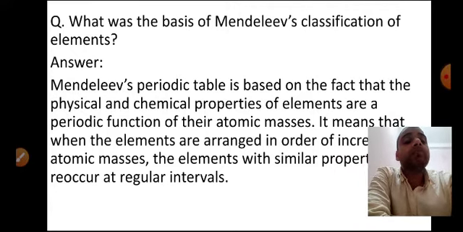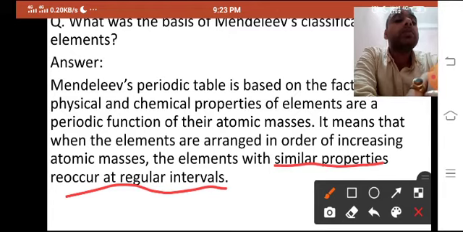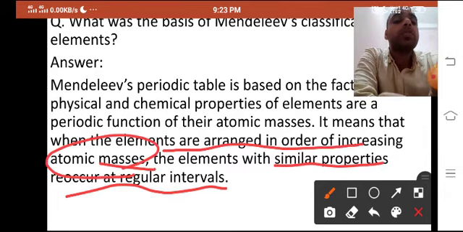Whenever we arrange the elements in the order of increasing atomic mass, the elements with similar properties reoccur at regular intervals. So the basis of classification is atomic mass, not atomic number.